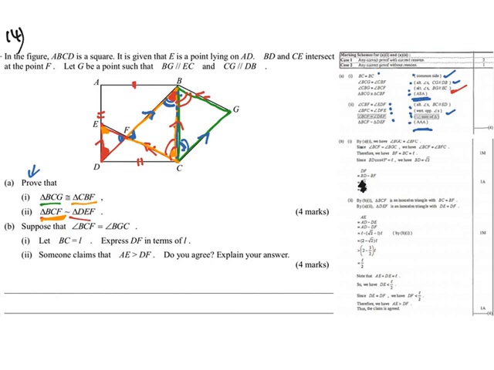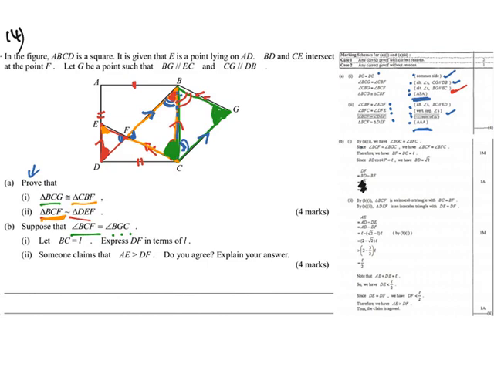Next, for part B, this time we know BCF, that means this angle is equal to BGC. BGC is this one. It is given.